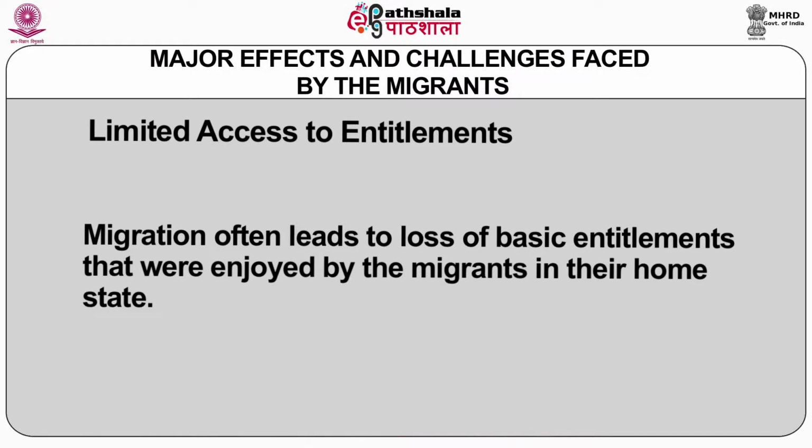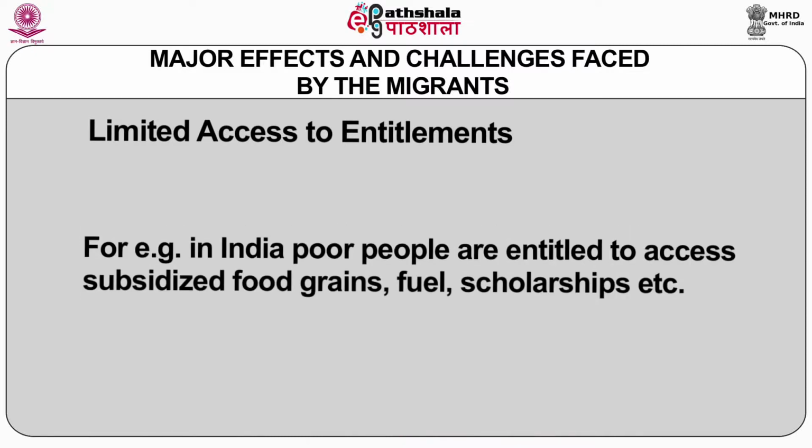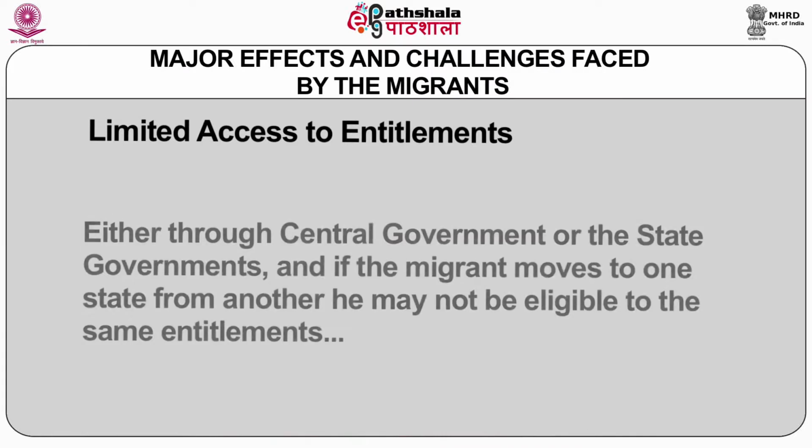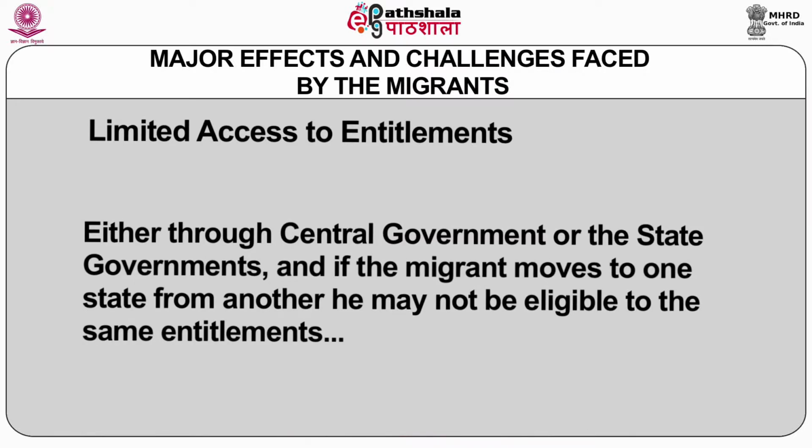Migration often leads to loss of basic entitlements that were enjoyed by the migrants in their home state. For example, in India, poor people are entitled to access subsidized food grains, fuel, scholarships, etc., either through the central government or the state governments.